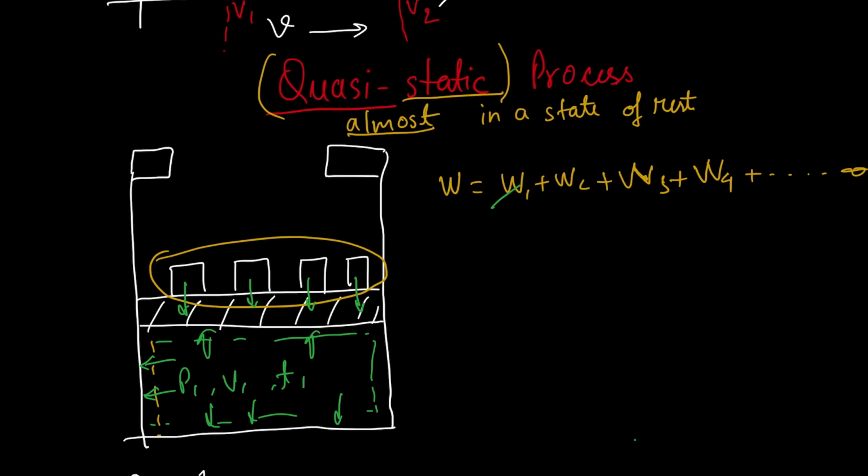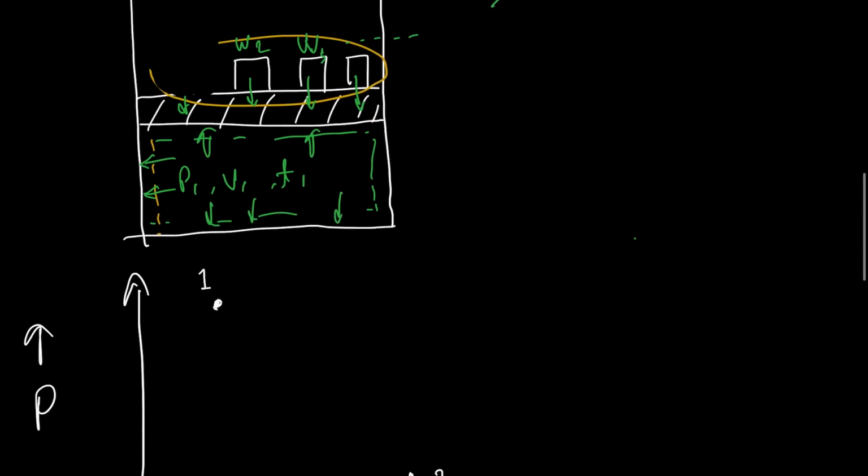Now, what if I remove W1, which is very infinitesimally small? So this is W1, W2, W3, and there will be many more. If I remove weight W1, the piston will move up, right? It will move up and stop at one point because it will move up till the forces balance.